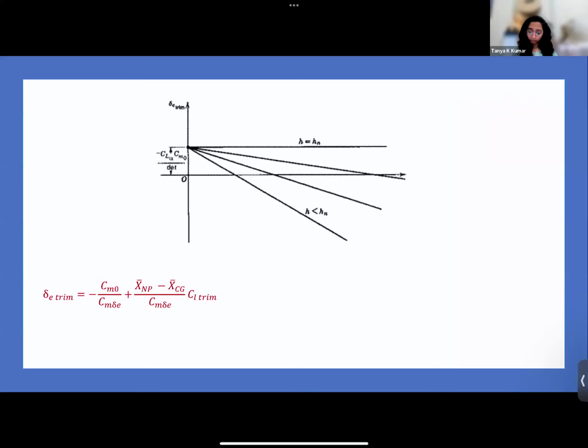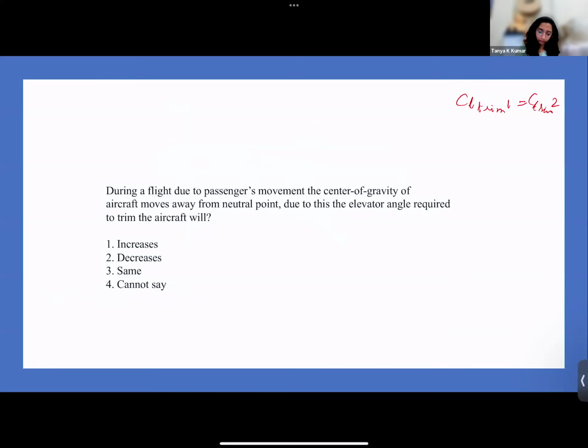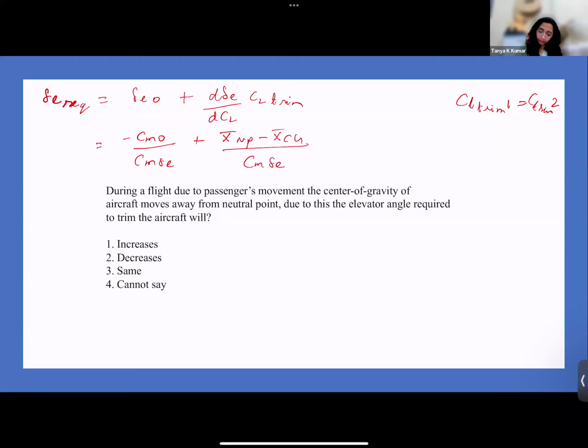What was the equation? Delta E required is delta E naught plus d delta E by dCL into CL trim. And delta E naught was minus CM naught by CM delta E, plus x bar NP minus x bar CG by CM delta E into CL trim.